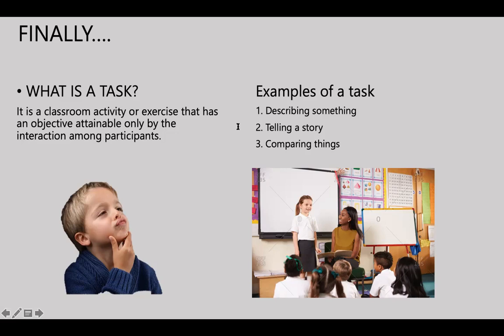As you can see in the examples, each one of them aims to fulfill a communicative goal. For example, describing something is a good way of using vocabulary to convey an idea.